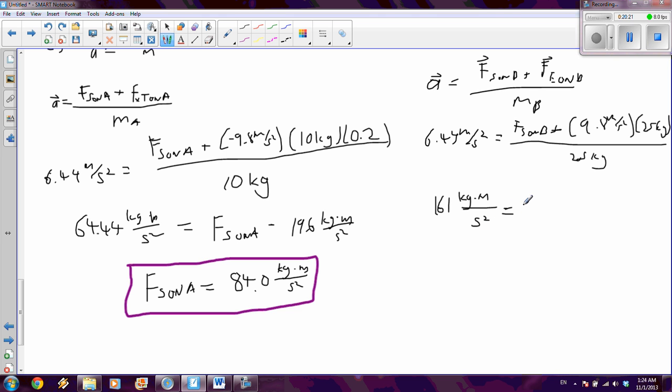And that is equal to our force string on box B, plus 9.8 times 25 is 245 kilograms times meters per second squared. Subtract 245 from both sides.